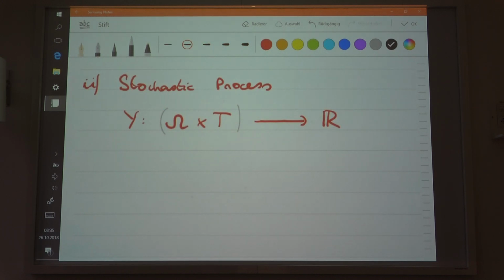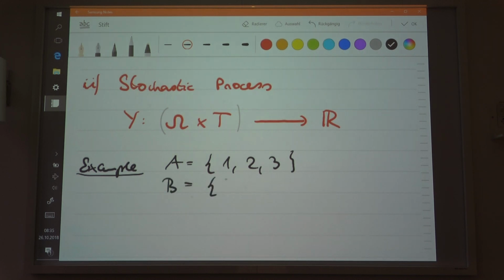For the Cartesian product, maybe you don't know what it is, so this is just what I want to add here. Suppose that you have the set A, which consists of the elements 1, 2, and 3, and the set B, which consists of the elements 0 and 1. I'm going to look at the Cartesian product of the two. In this case, this is going to be the set of all pairs.